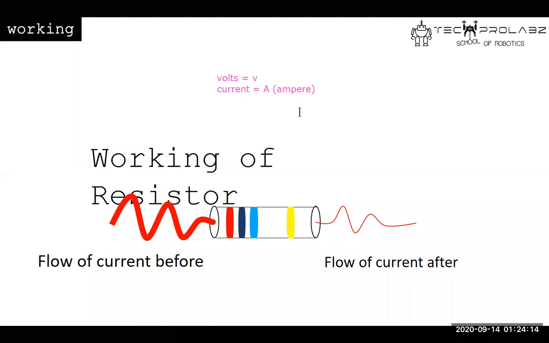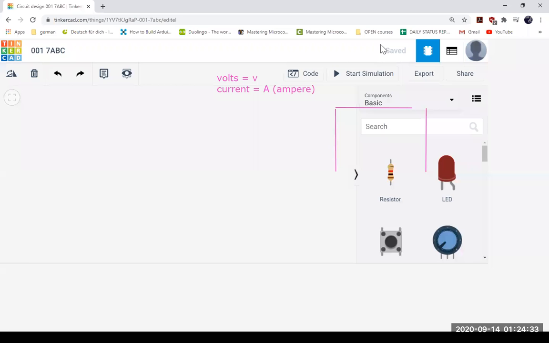Now what happens if I have a circuit, right? Let me draw one circuit.